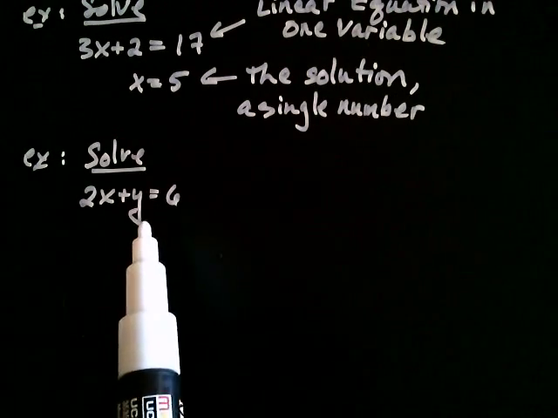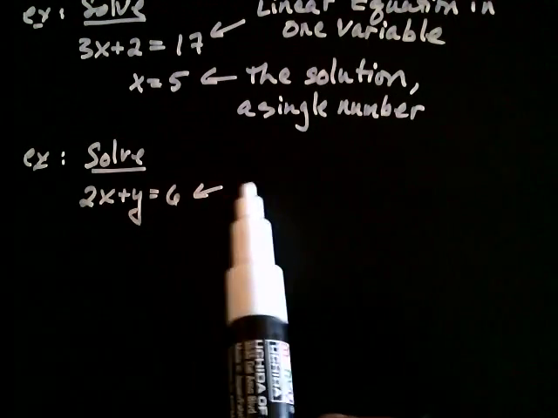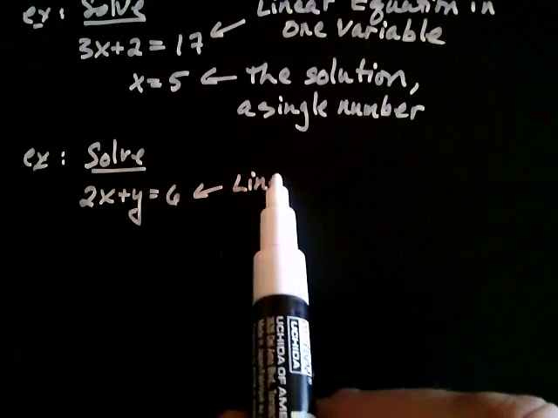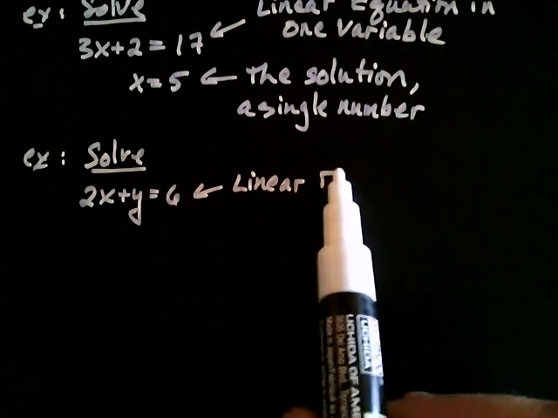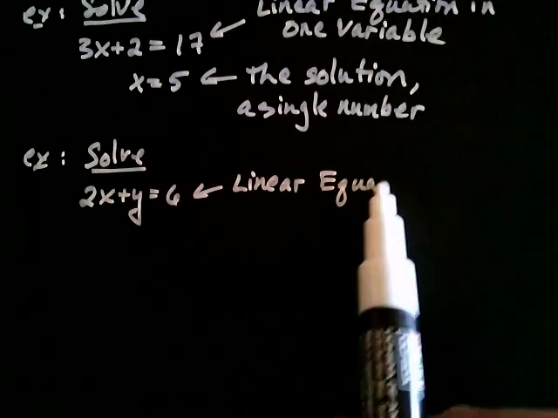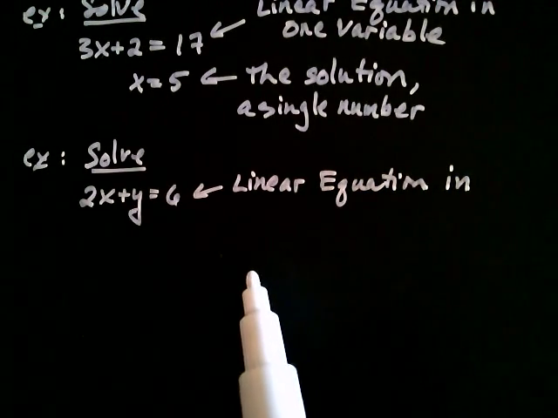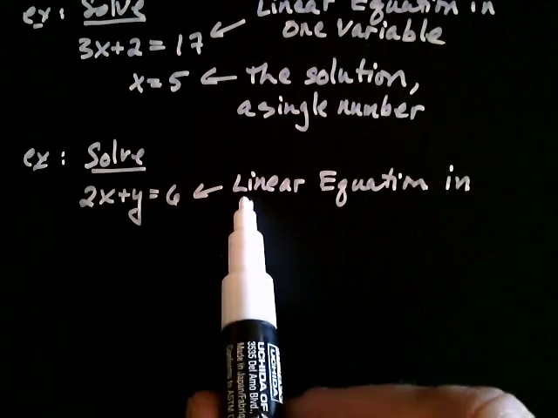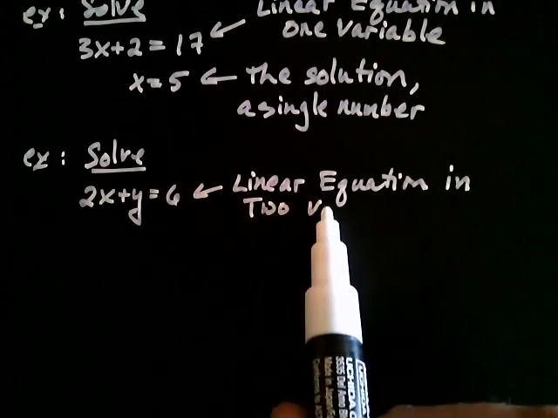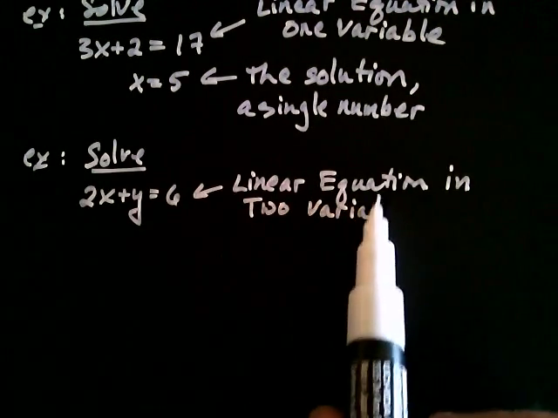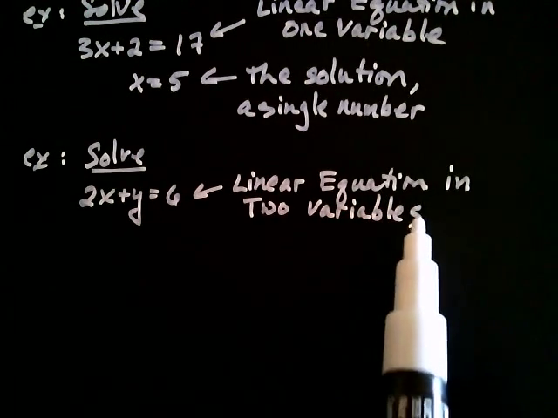We'd call this a linear equation in two variables. So let's write that down. This is a linear equation in, we say, two variables. And the two variables in this case are, of course, x and y.